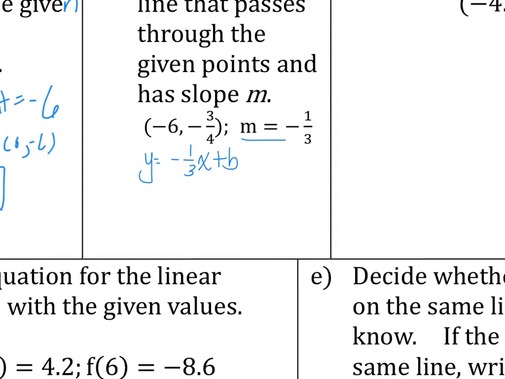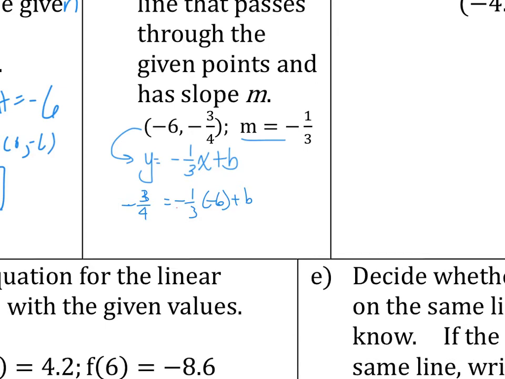Now we can substitute the point. So y would be -3/4, x will be -6 plus b.